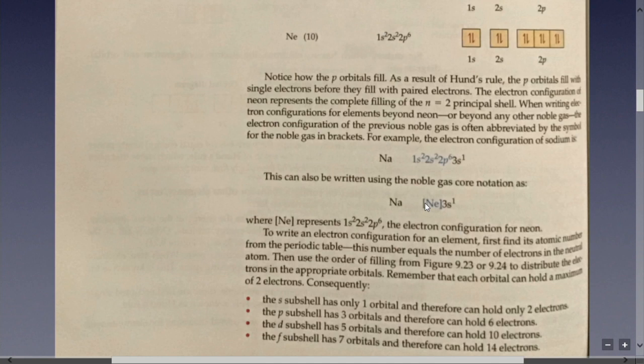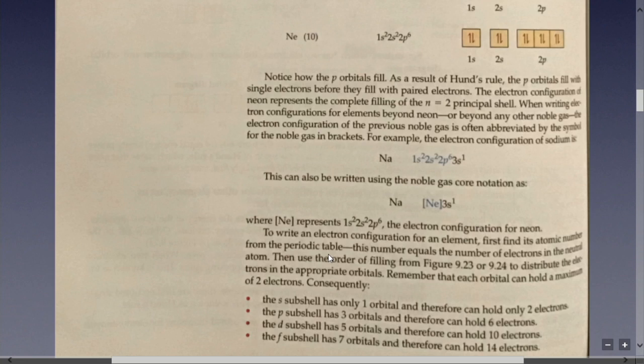And so let's just read this. Just kind of says the same thing, but to write an electron configuration for an element, first find its atomic number from the periodic table. All right, duh, that's how many electrons it has. This number equals the number of electrons in the neutral atom. Then use the order of filling from figure 9.23 or 9.24 to distribute the electrons in the appropriate orbitals.